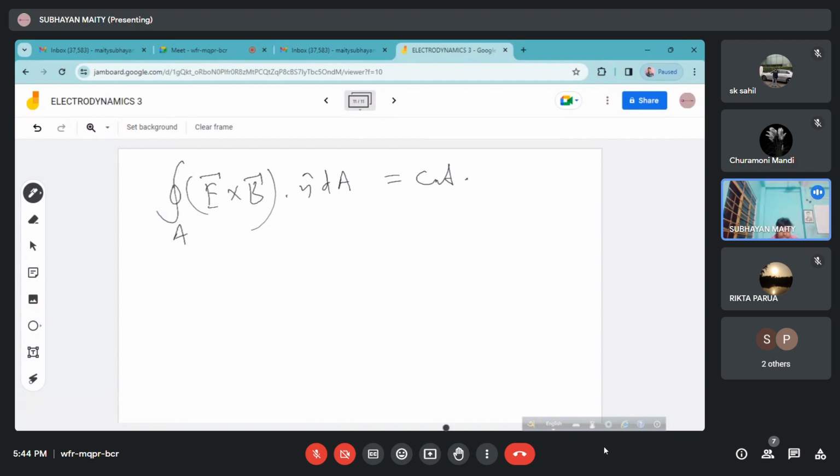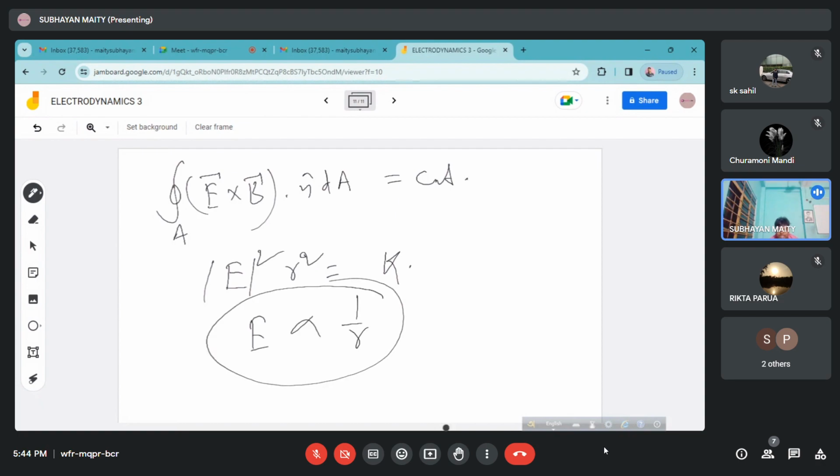So the dimension of E square multiplied by area, the dimension of area being R square, is equal to some constant K. So E falls as 1 by R. In the Coulombic electric field, E_C is proportional to 1 by R square, with dA having dimension R square. So this is a stronger electric field than the Coulombic field, and this electric field is the radiative electric field.